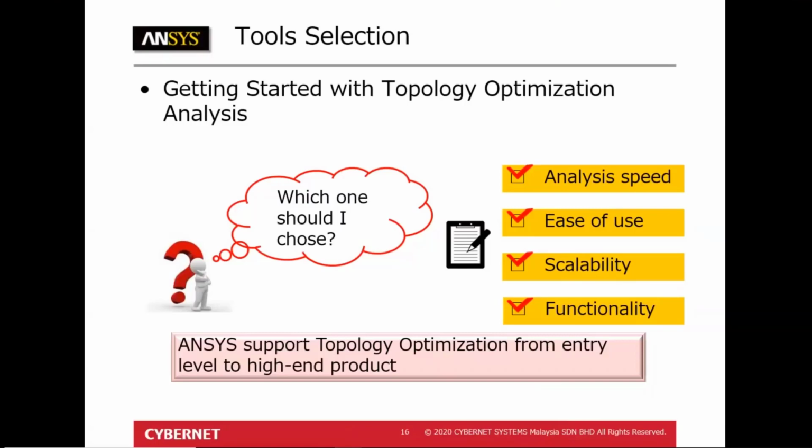So basically, depending on your needs, ANSYS can offer a product to fit most of them. Everything is up to the users themselves: what do they really want to achieve when using topology optimization, and what kind of process do they want to go through to get to the optimal design that they want.